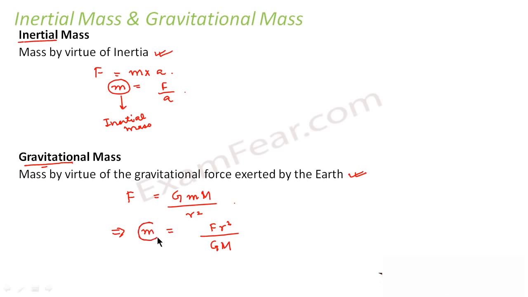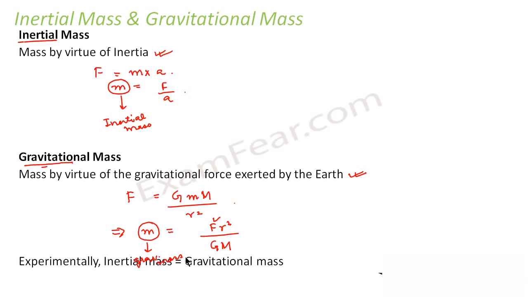So this mass of the object due to the gravitational force exerted by the earth is nothing but the gravitational mass. Right? So I hope you understood how inertial mass is physically different from gravitational mass.